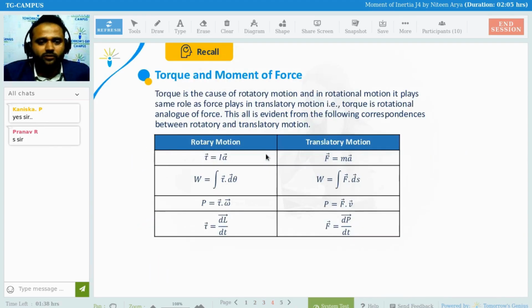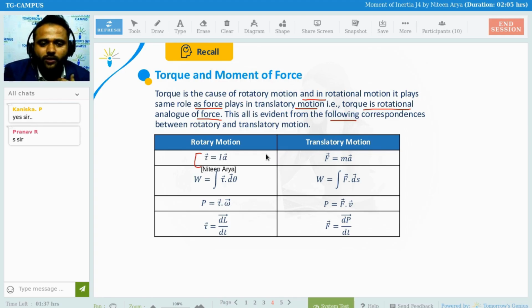Okay, this one is done. Now this one is torque and moment of force. We did this in the previous class, so let's revise. Torque is the cause of rotatory motion, and in rotational motion it plays the same role as a force plays in translatory motion. That is, torque is the rotational analogue of force. This is all evident from the following correspondence between rotatory and translatory.